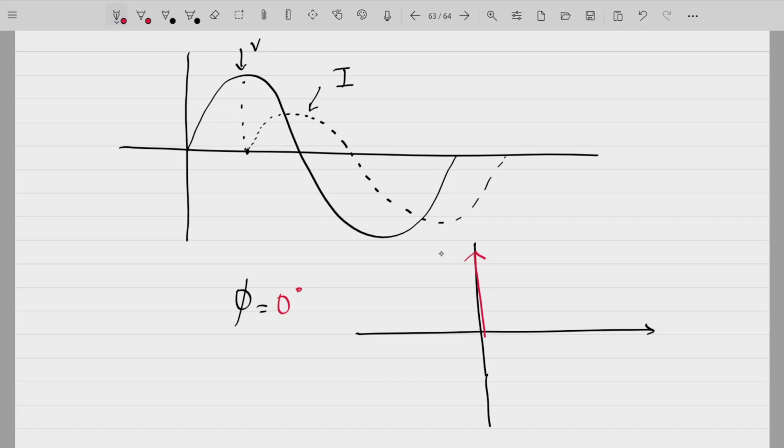The voltage will be in this direction, 90 degrees to current.